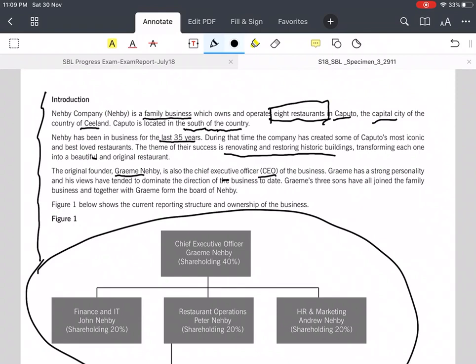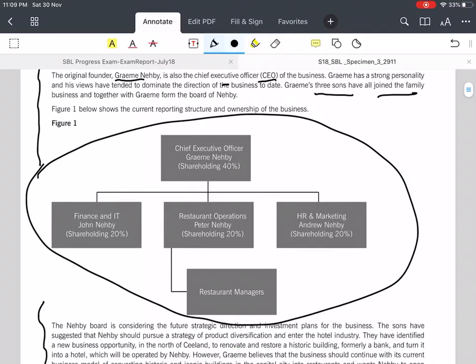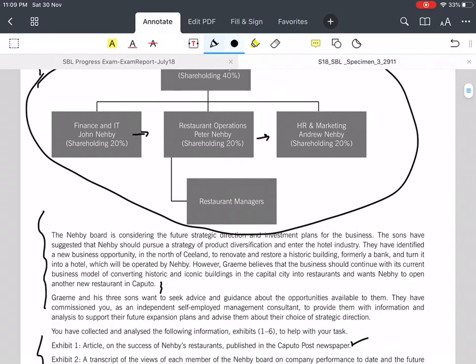Graham has a strong personality and his views have tended to dominate the direction of the business. He has 3 sons, all of whom joined the family business, and now he is the CEO with his sons acting as board members, with a 20% shareholding for each.